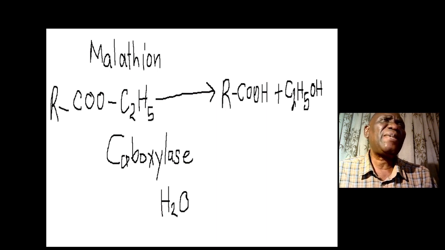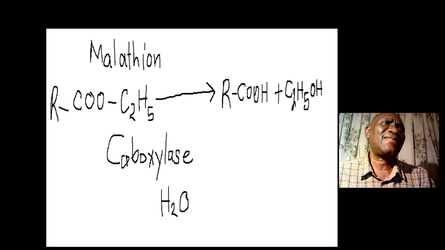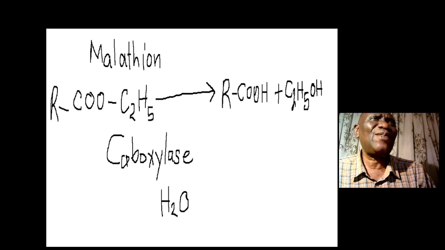Now it can split into two, into an acid and an alcohol. And the enzyme which actually facilitates this is known as the carboxylase. So the carboxylase can cause malathion to be split into two.